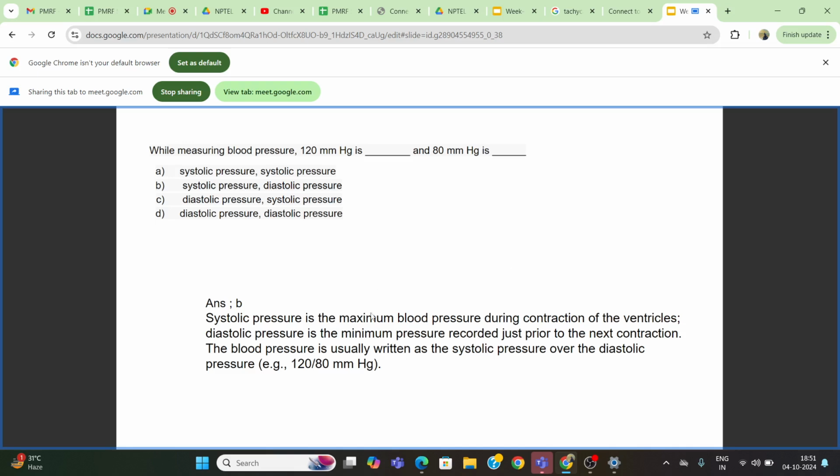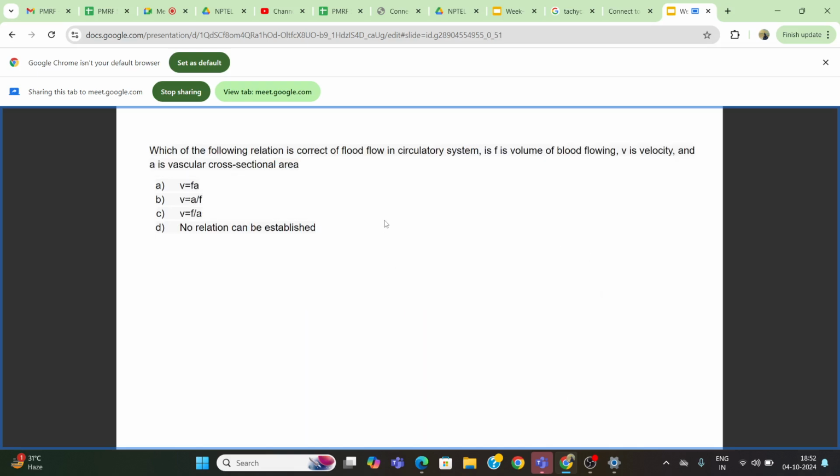So systolic means contraction of the ventricle, and diastolic means just prior to the next contraction, relaxing. Which of the following relations is correct for blood flow in the circulatory system?